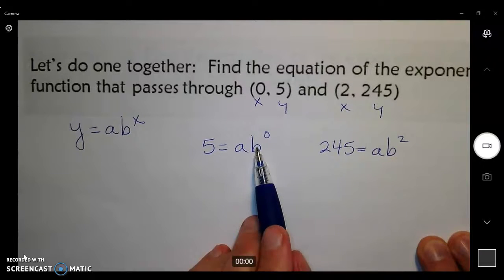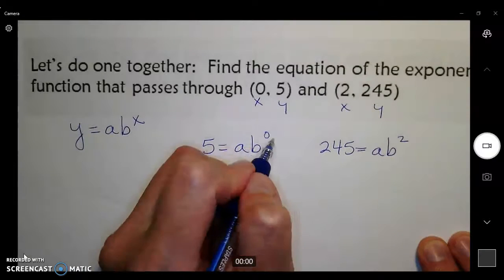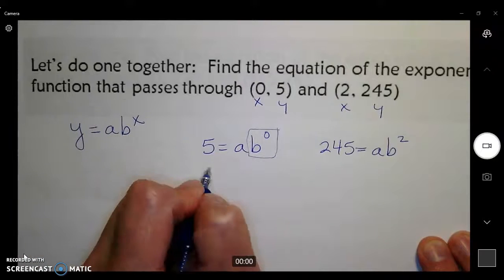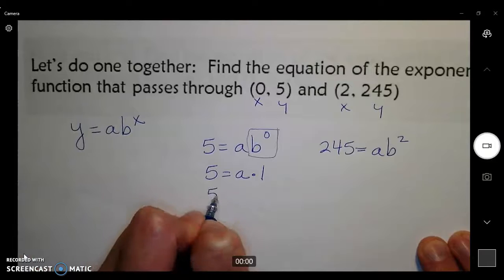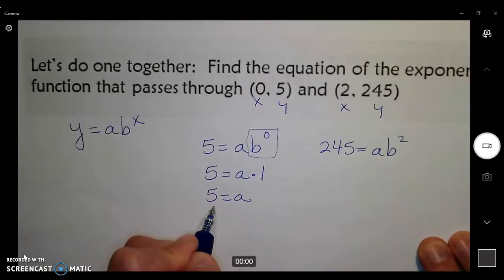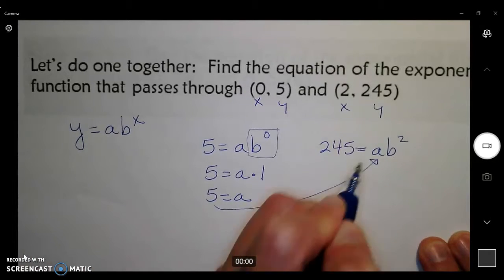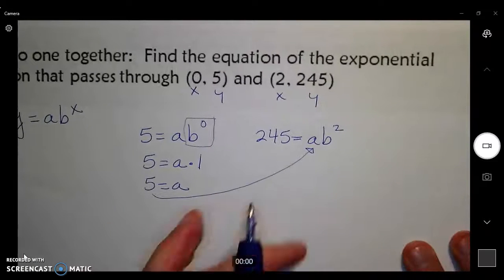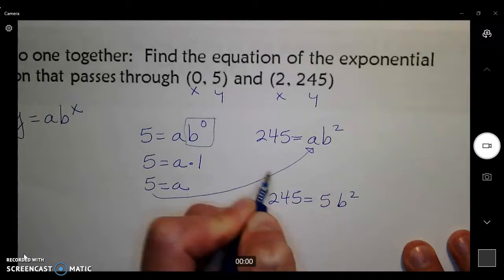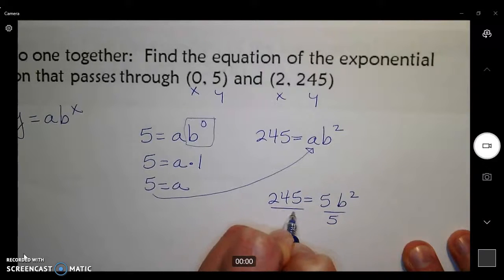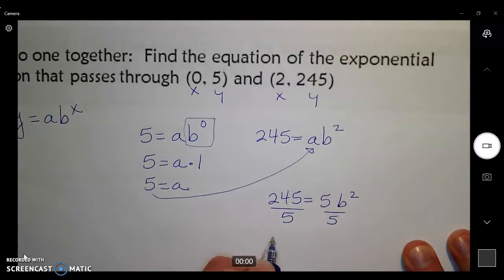All right, anything to the 0 power is 1. So this part right here is 1. 5 equals a times 1. 5 equals a. So now I can go ahead and put the 5 over here. So 245 equals 5b squared. Divided by 5, 245 divided by 5 is 49 equals b squared.